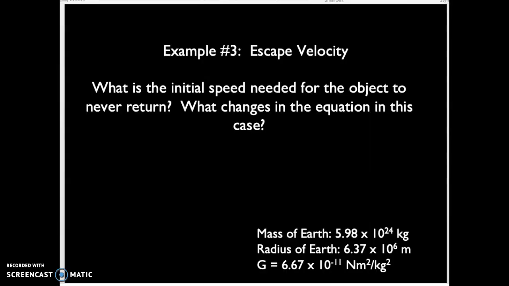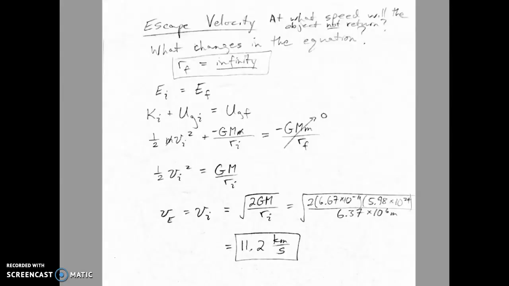Okay, a final example, and this is a really useful use for this equation. You can calculate the escape velocity, which we couldn't do before. So we want the escape velocity for an object launched from the Earth. At what speed will the object not return to Earth? So what changes in this equation is we want the final radius to be infinity, right?